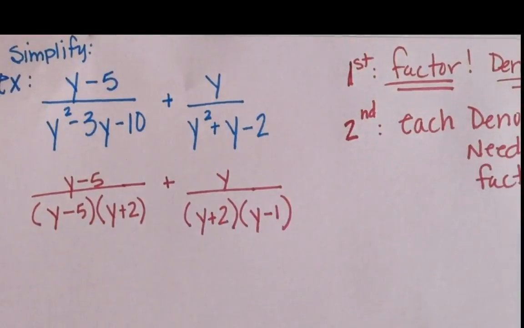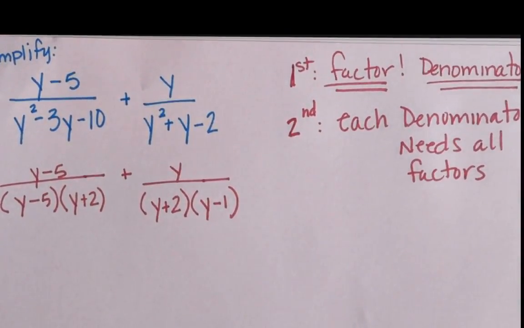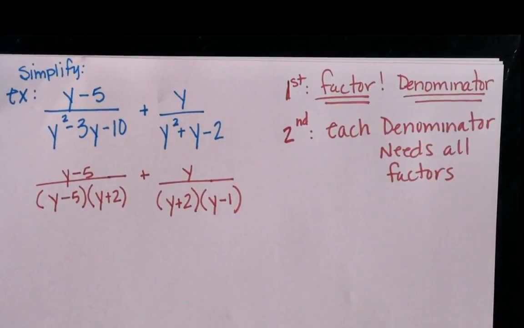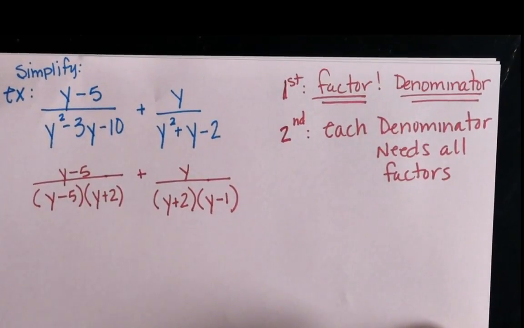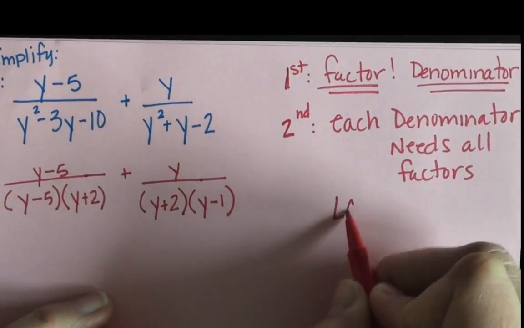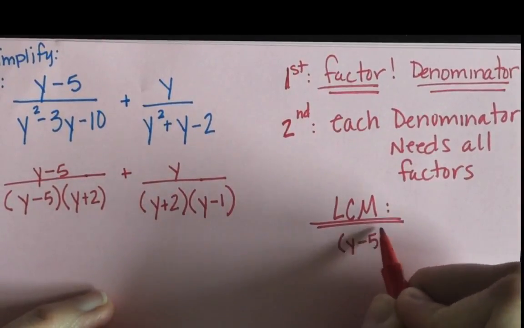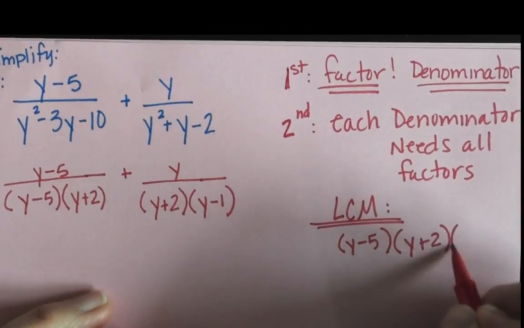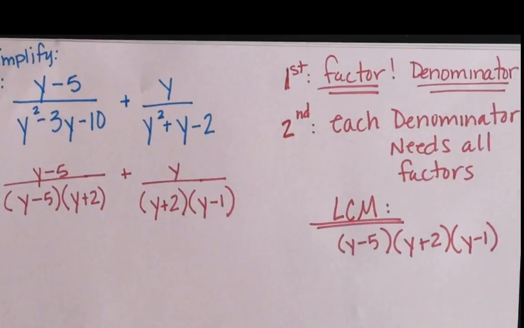So we're not going to repeat any, but each denominator needs all the factors. We need to make sure that we recognize now our LCM for this denominator is y minus 5, y plus 2, and y minus 1. So each one of these has to have one of those, all of it.